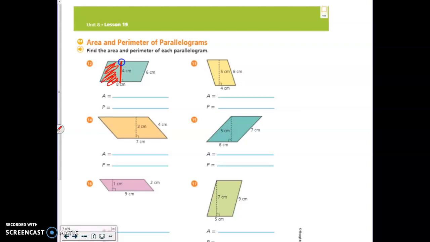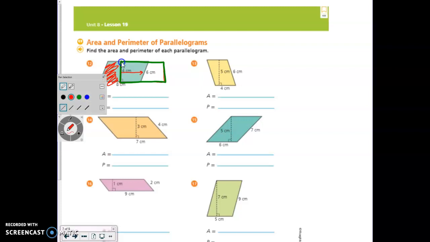if I take and get rid of this entire part, or more specifically, if I take and shift that part across my page and now put that exact same shape on this side, now I have created a newly formed rectangle right here that has the exact same dimensions as our original parallelogram.